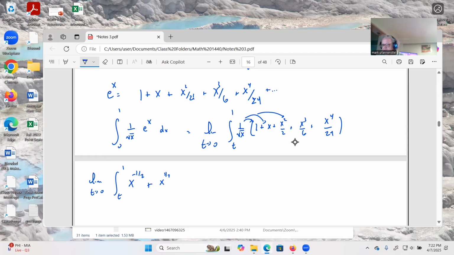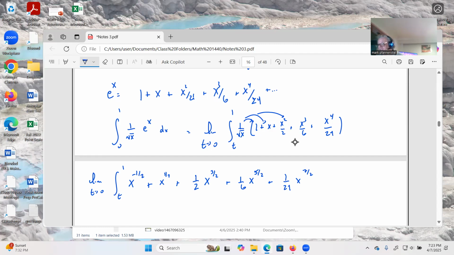That's the second one, plus, 2 minus 1/2, so 4 halves minus 1/2 is 3 halves. So we have 1/2 x to the 3 halves plus 1/6. And then this is 6 halves minus 1/2, so x to the 5 halves plus 1 over 24 x to the 8 halves minus 1/2, which is going to be 7 halves.